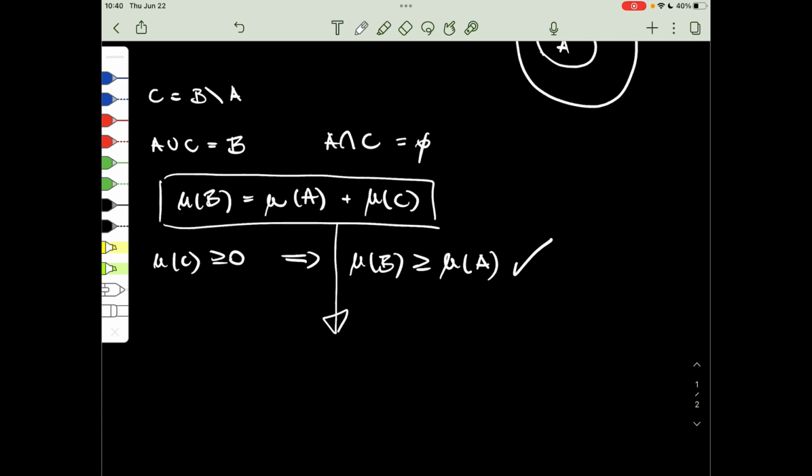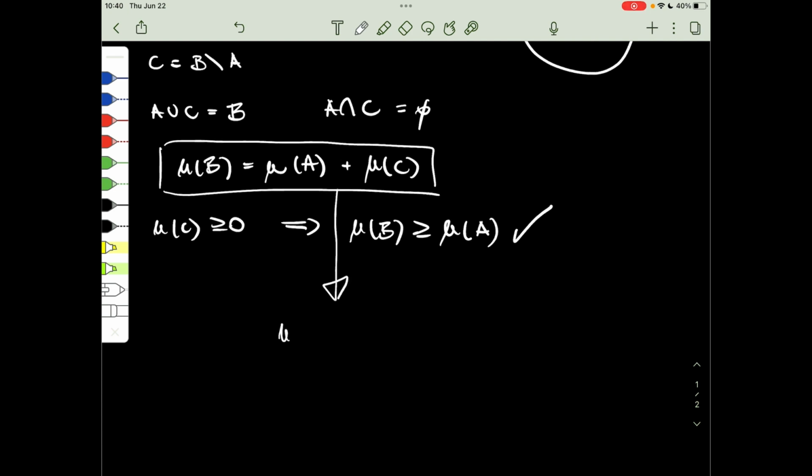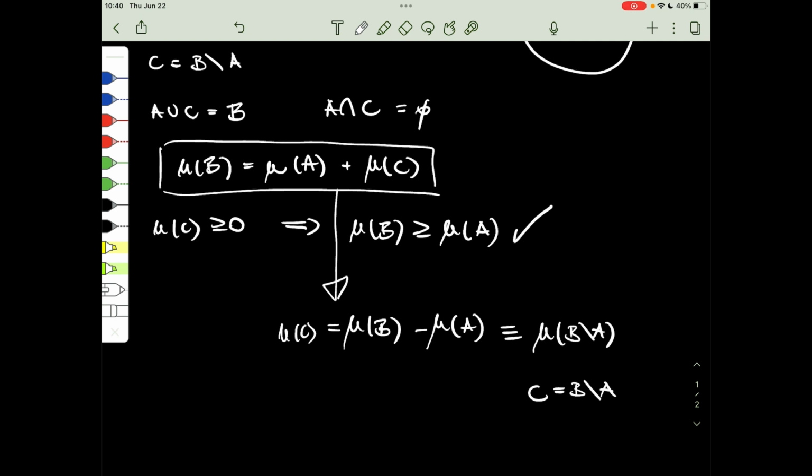From this equality, it also follows that the measure of set C can be described as the difference between the measures of set B and set A, which is equal to mu(B) minus mu(A), because C is, by definition, this difference.